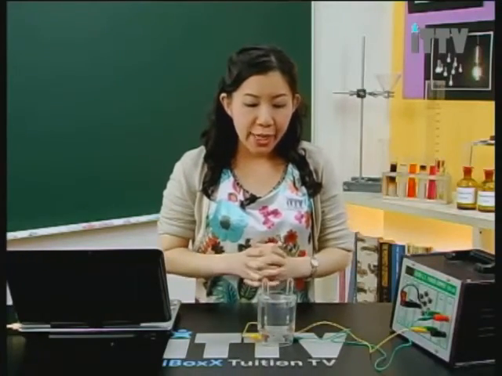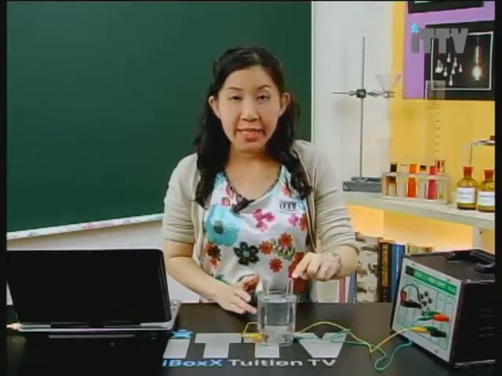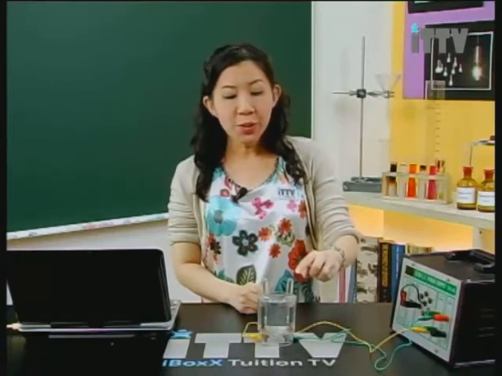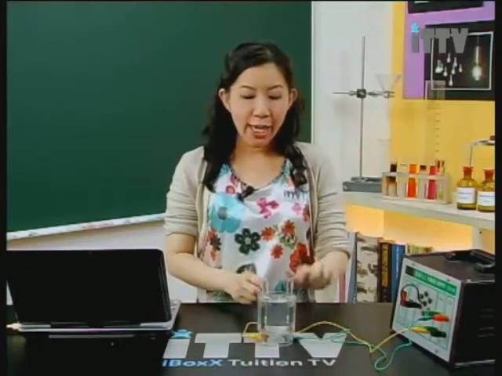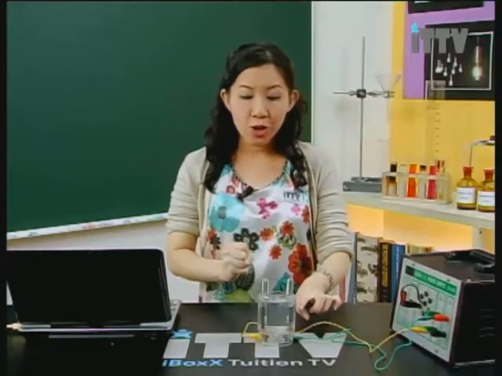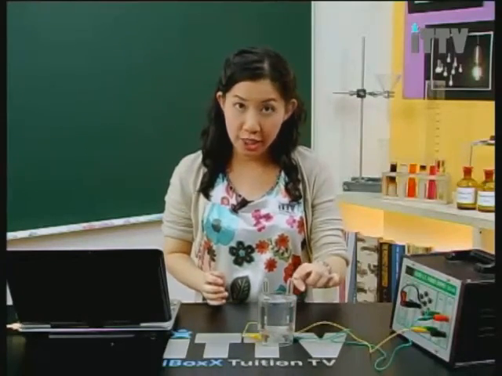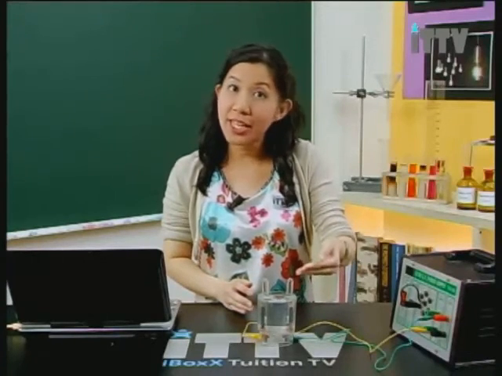So this is what happened at the end of the experiment. This will be the anode and this will be the cathode electrode. Oxygen was collected at the anode as mentioned earlier because hydroxide ions were selected to be discharged, and hydroxide ions were oxidized to produce oxygen gas, and you saw some gas bubbles being formed at the start of the experiment.